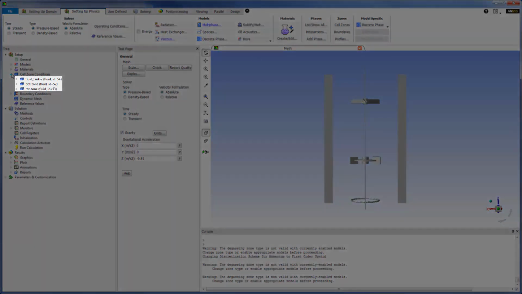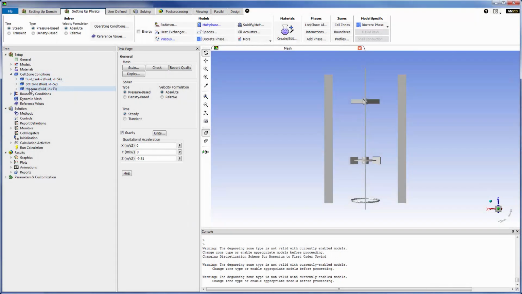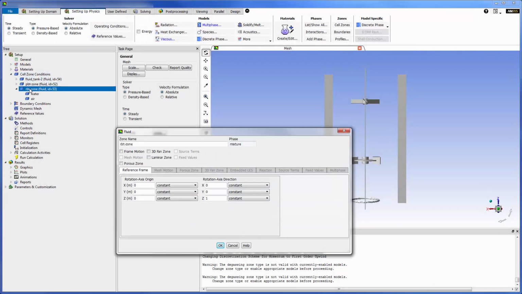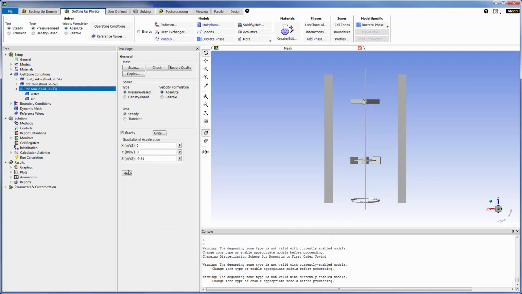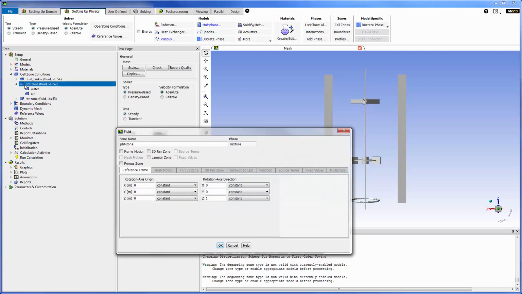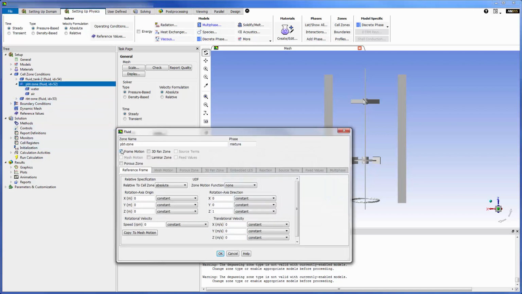Below, you'll notice that 3 cell zones are listed. This cell zone contains the Rushton blade impeller, which is set to rotate at 450 RPM in the absolute reference frame about the z-axis. Likewise, the second cell zone contains the pitched blade impeller, which is also set to rotate at 450 RPM in the absolute reference frame about the same axis.